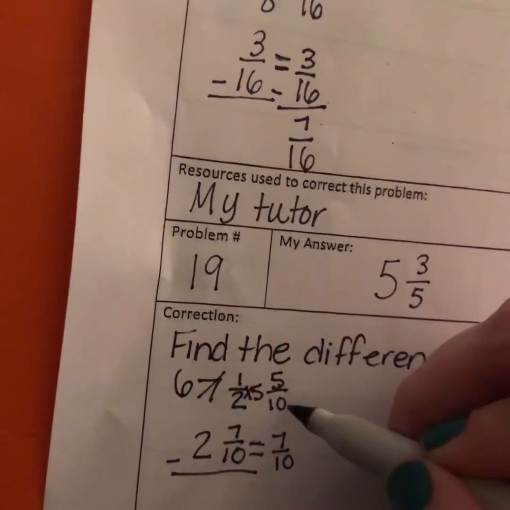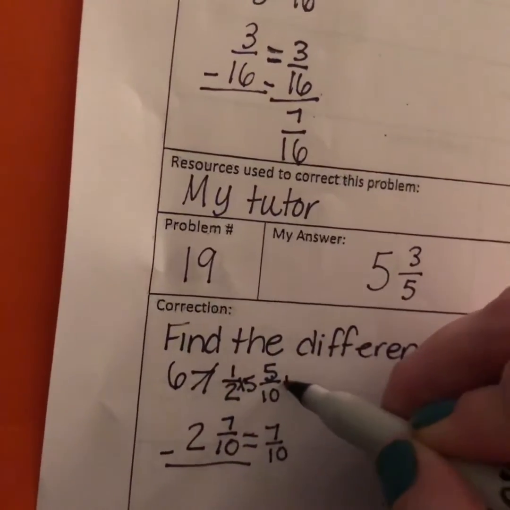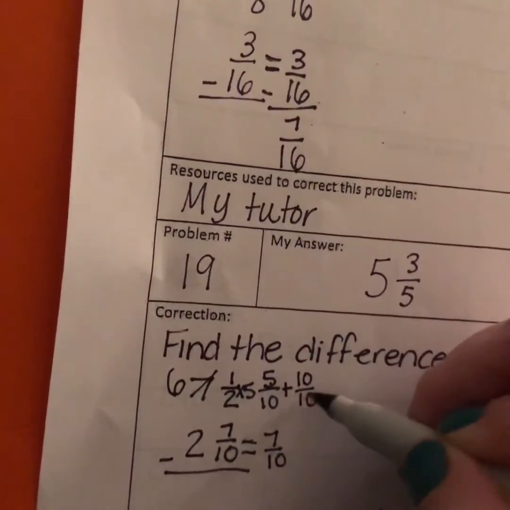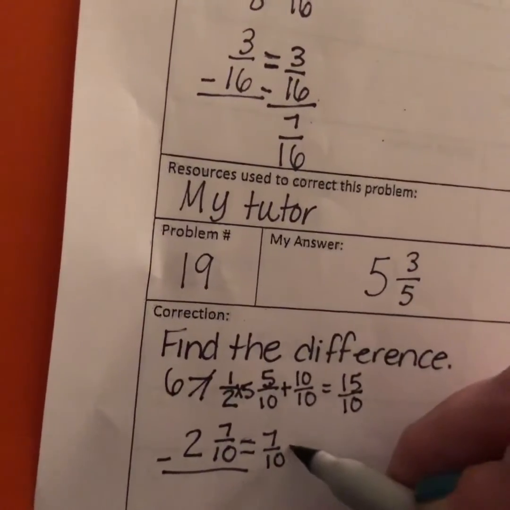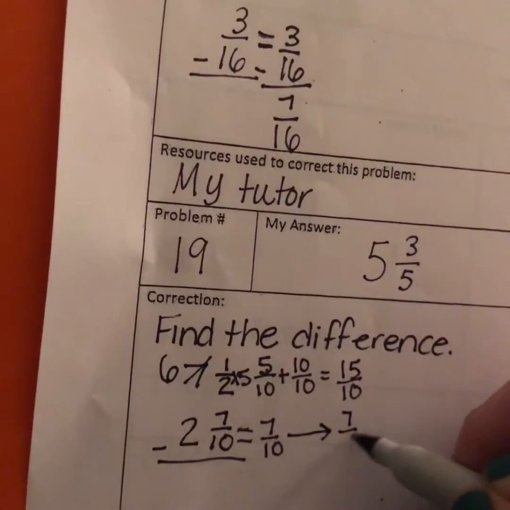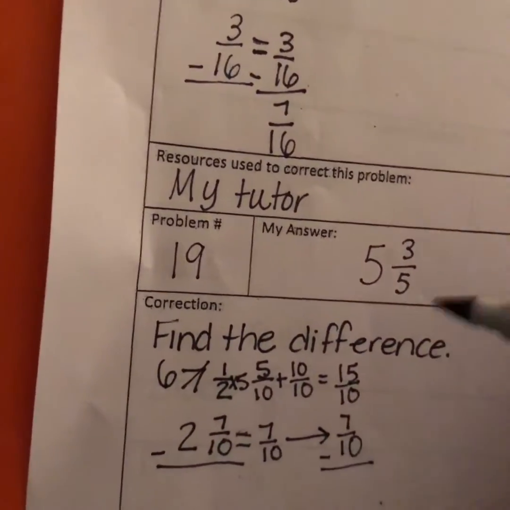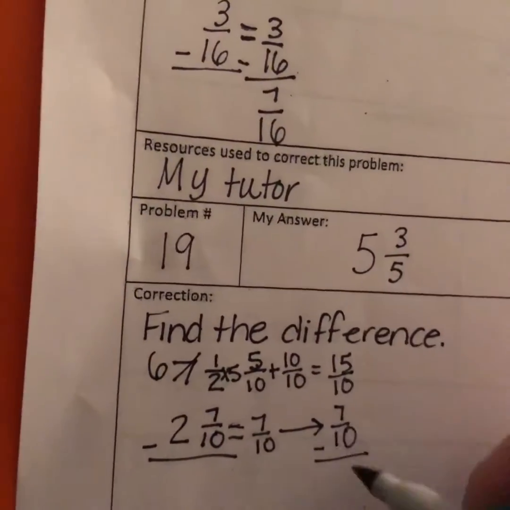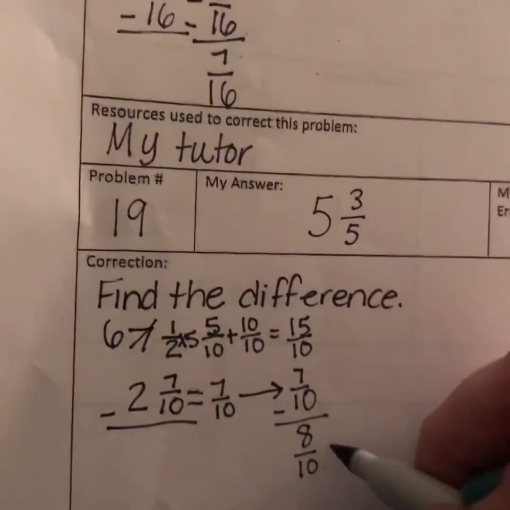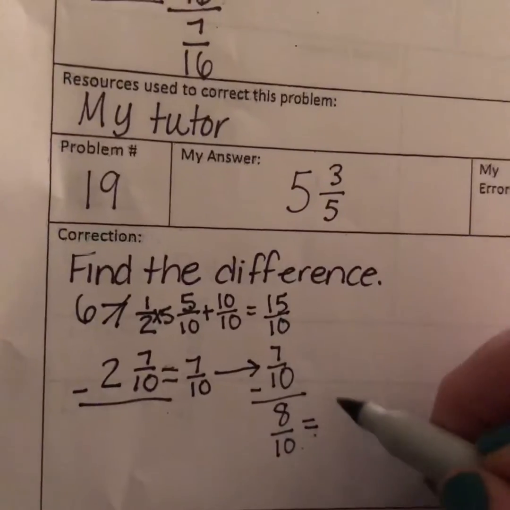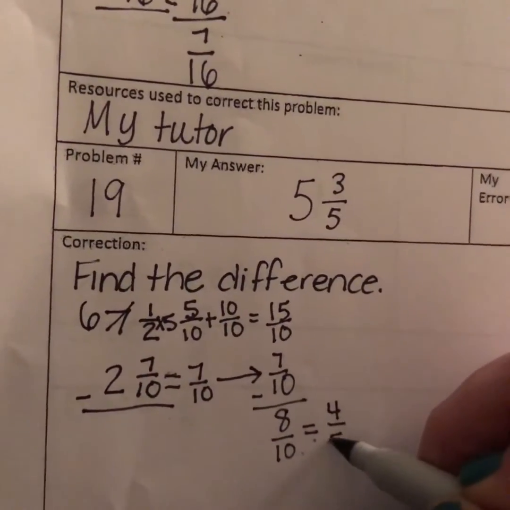The whole, I can make, they're going to be 10/10. So plus 10/10 is 15/10. So if you want to bring your 7/10 over here and then subtract, 15 minus 7 is 8. So 8/10. We can simplify that by dividing both by 2 to 4/5.